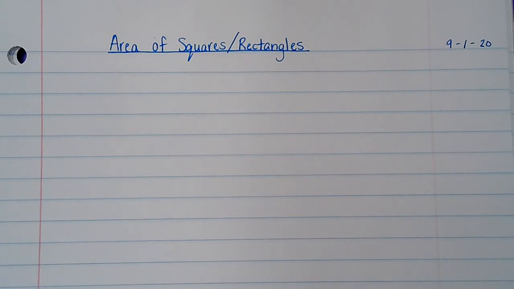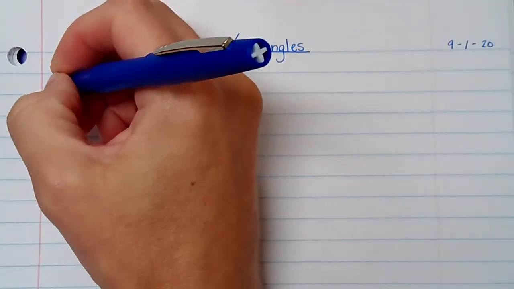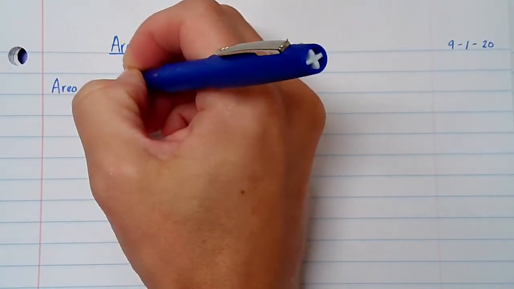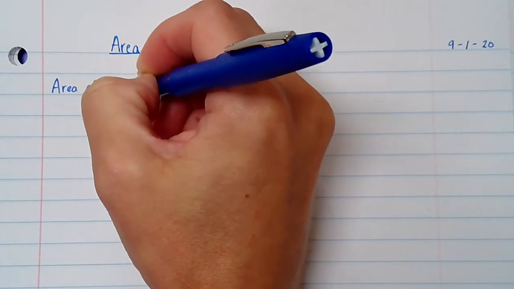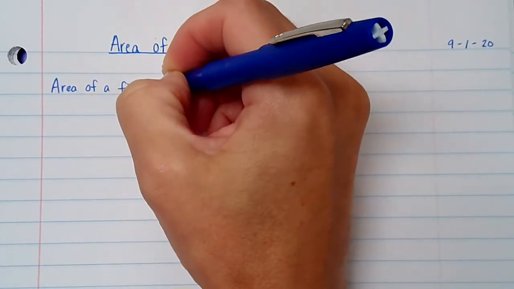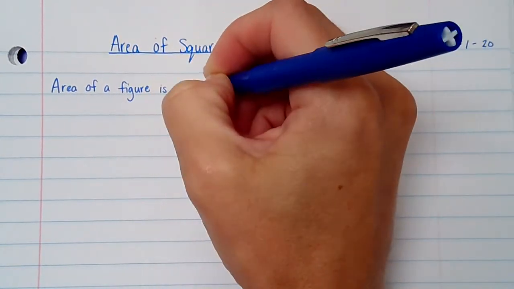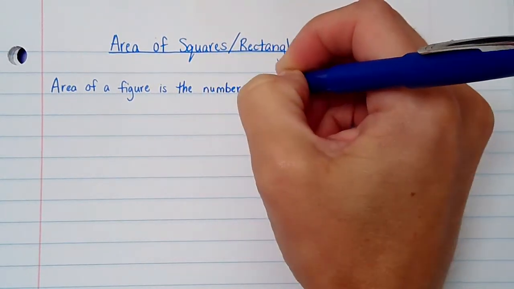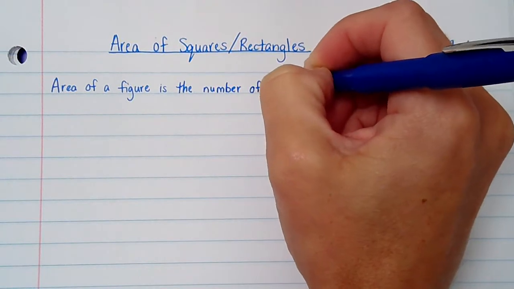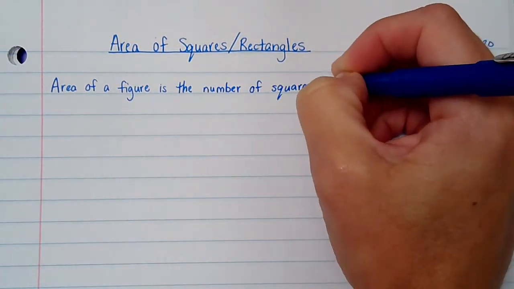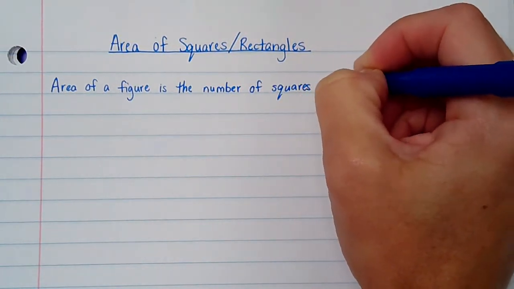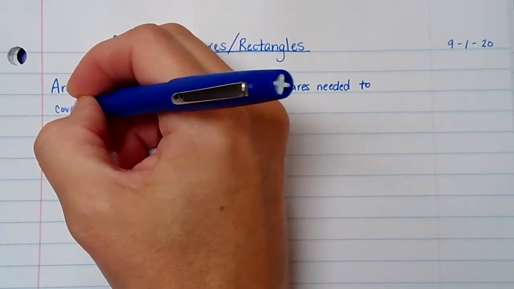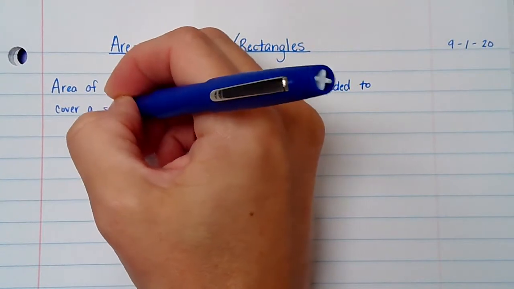All right, so we do a quick definition. Area of a figure is the number of squares needed to cover a space.